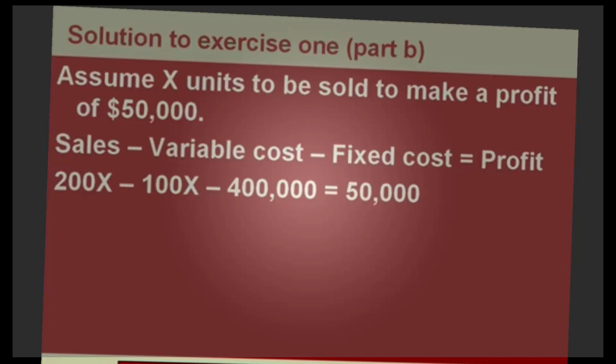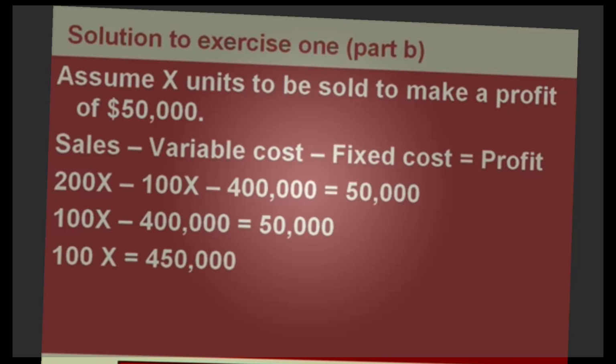This time you want to make a profit, so it's not 0. The profit is 50,000. So solve for X. 100X minus 400,000 equals 50,000. 100X equals 450,000. So X is 45,000. You have to sell 45,000 units to make a profit of $50,000. We started easy.